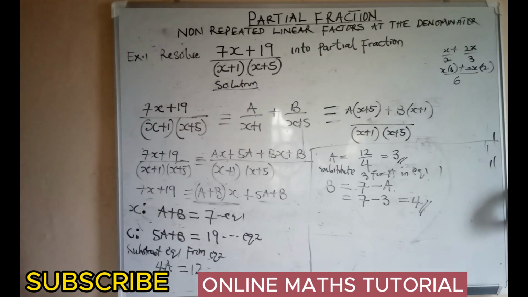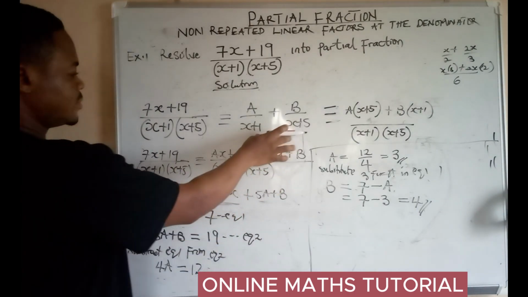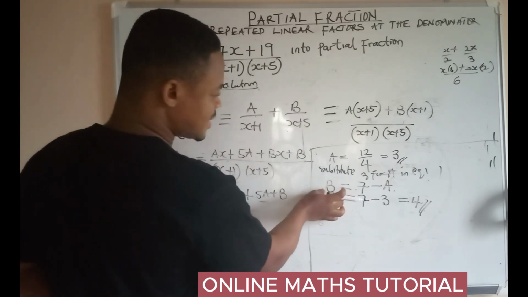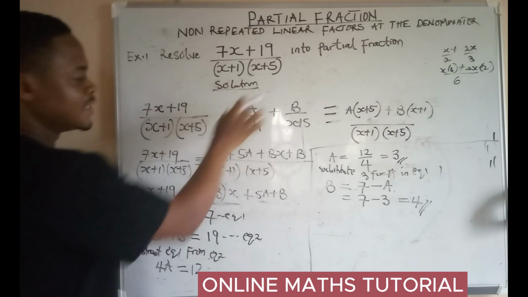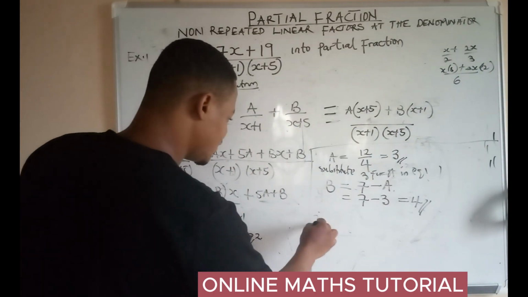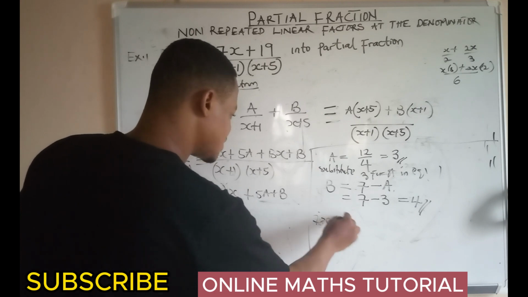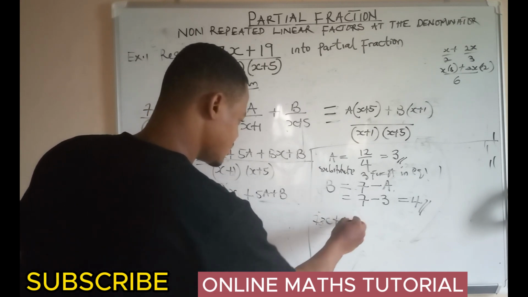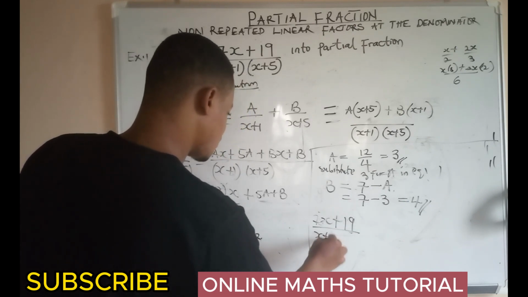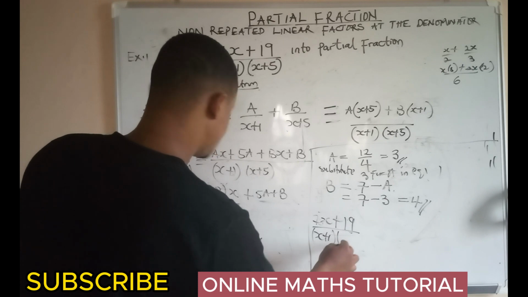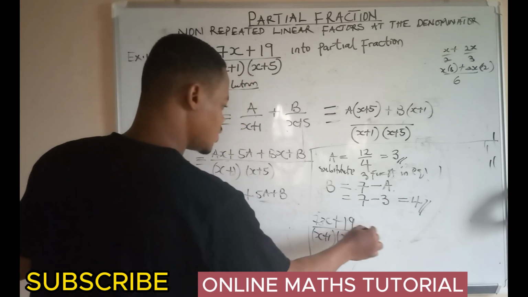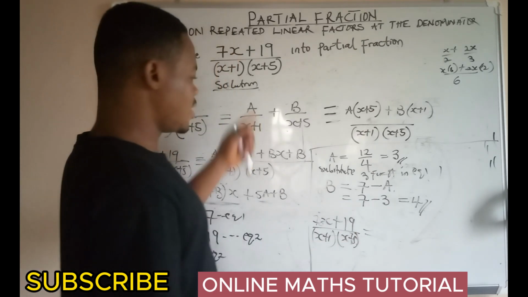We are not done yet. So for the partial fraction, all we need to do now is to replace the values of a and b in this expression here. So we can now say that 7x plus 19 all over x plus 1 into x plus 5 is equal to, substitute for a.